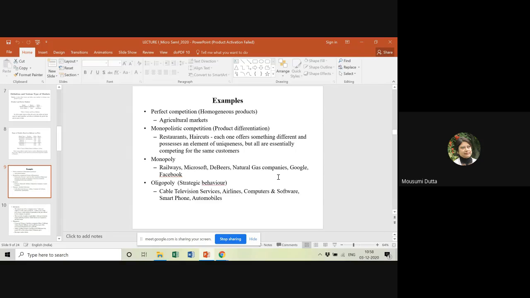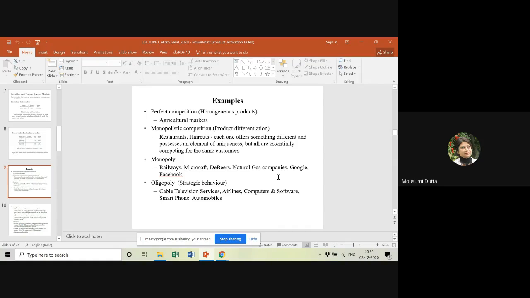Now, there is another very important tool which we learn in the context of economics, that is the game theoretic tool, the notion of game. The concept of oligopoly or strategic behavior is related to that game. When we present strategic behavior mathematically using different matrices, we call this branch game theory.